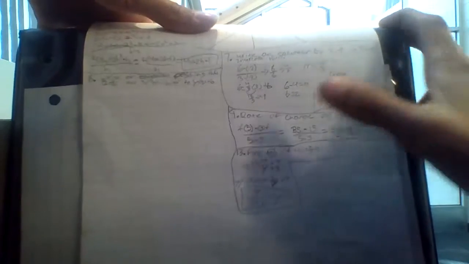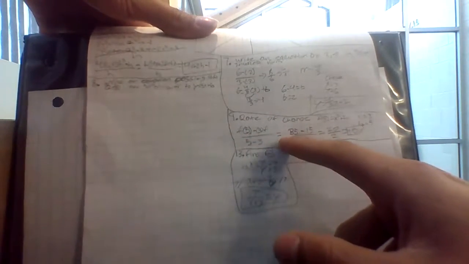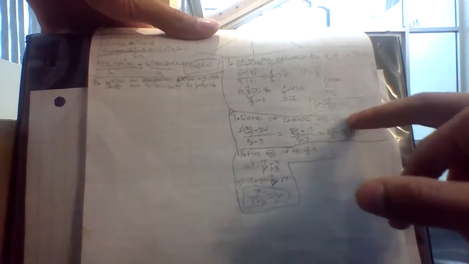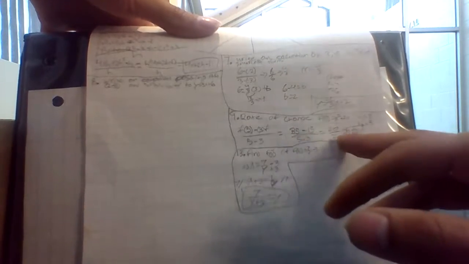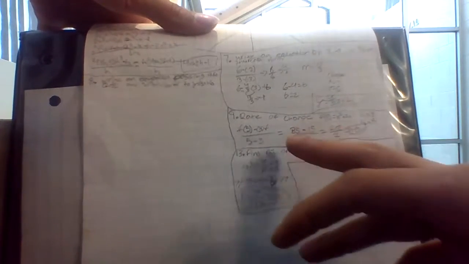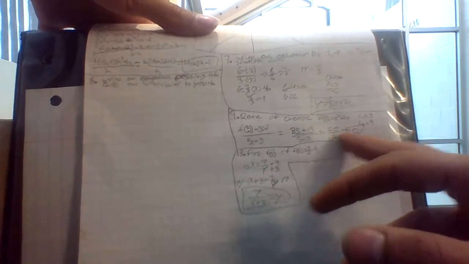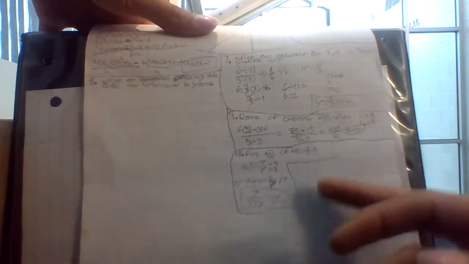So plug in 5 and 3, and then you'll multiply it by these values, and you get 35 and negative 15 over 5 minus 3. And then once you subtract those, you get 20 over 2, and then 20 divided by 2 is 10. That's the answer for that one.